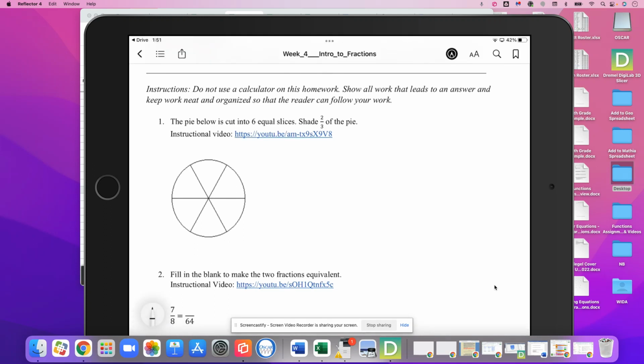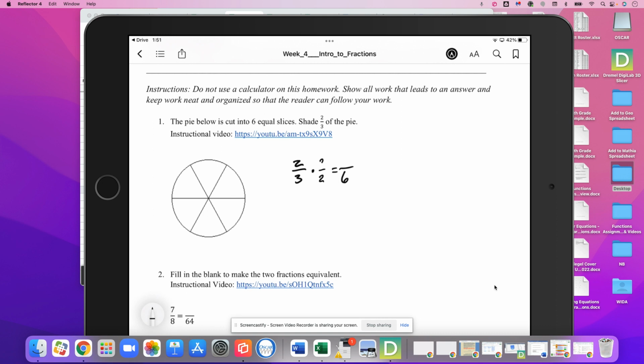So 2/3 of the pie. I need to think about the pie as being in sixths. So if I have 6 pieces, how many sixths is equivalent to thirds? To get sixths, I have to multiply 3 times 2.